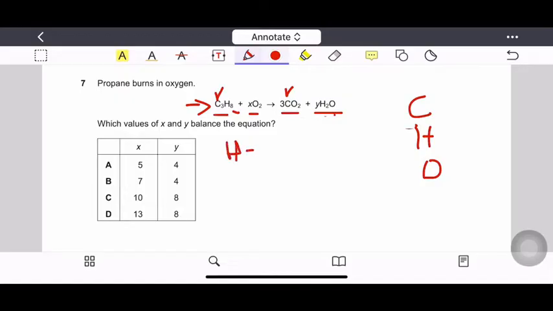Hydrogen is 8 before the arrow, so let us balance hydrogen by putting 4 here. 4 2s are 8. Now oxygen is 4 plus 6, 10. So here we should put 5 to balance it. So the correct answer is A, X5, Y4.